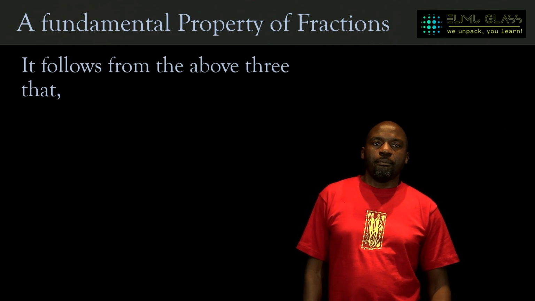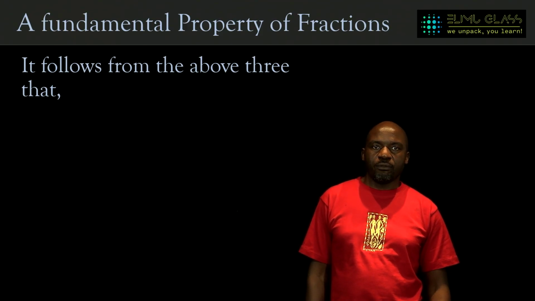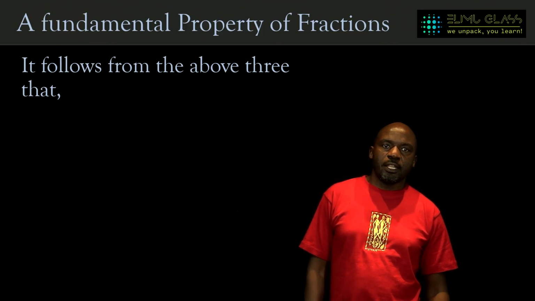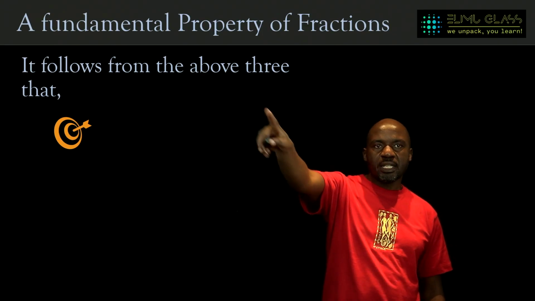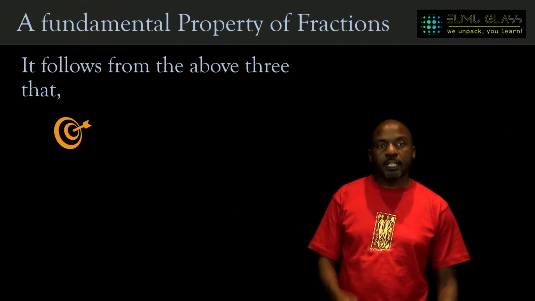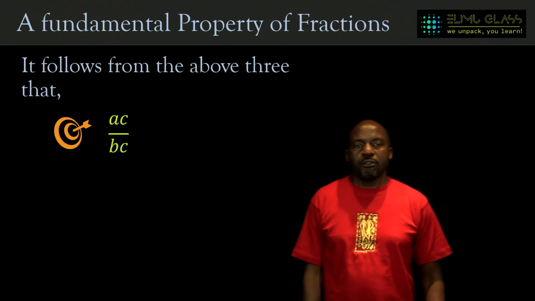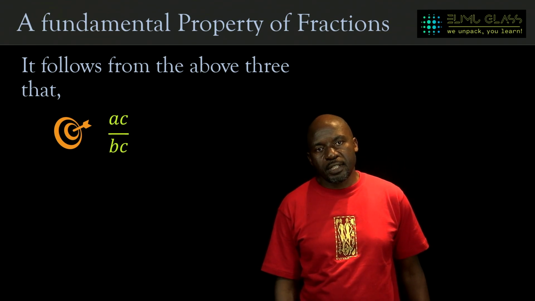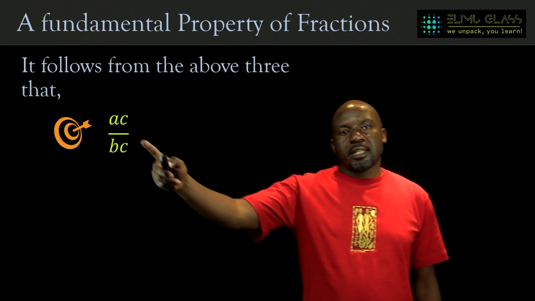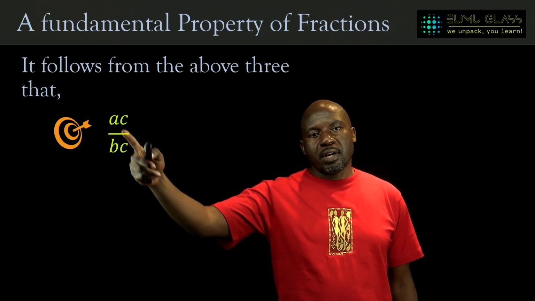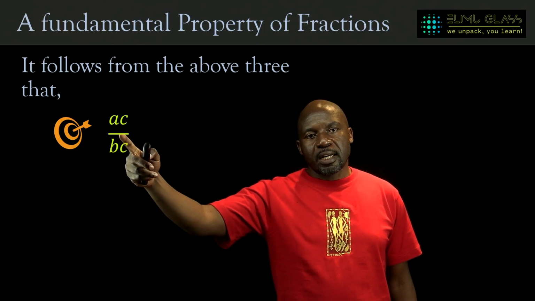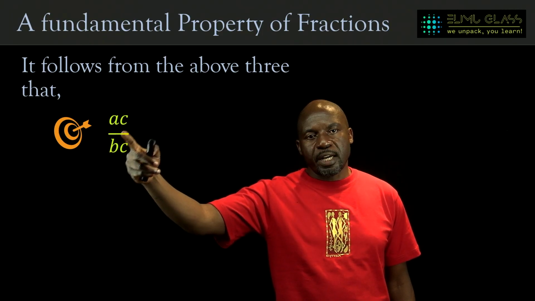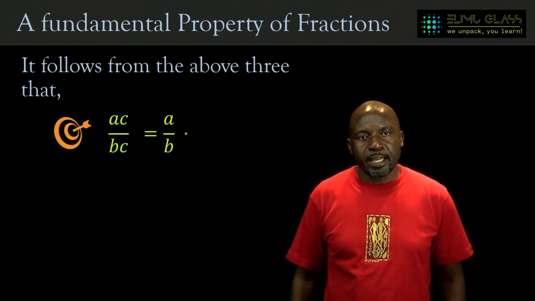Okay? Based on those 3 points that we've looked at, it follows that, and this is now the fundamental property of fractions, that if you are given a over c divided by b over c, then I can split that up so that I have c over c. So I'll have a over b multiplied by c over c, like that.